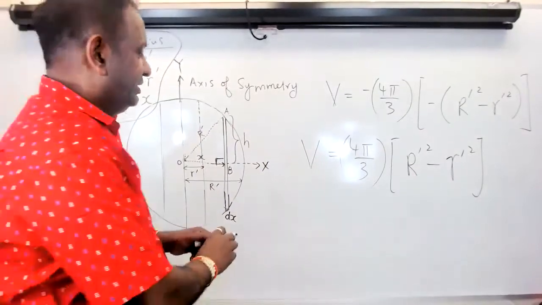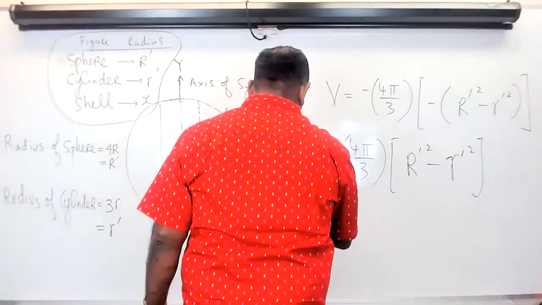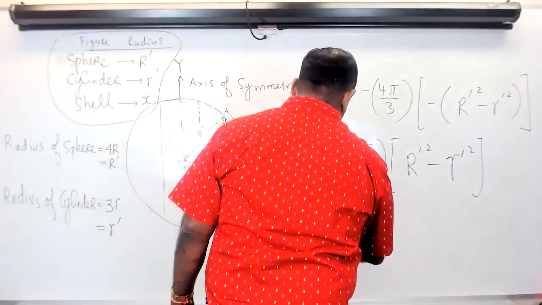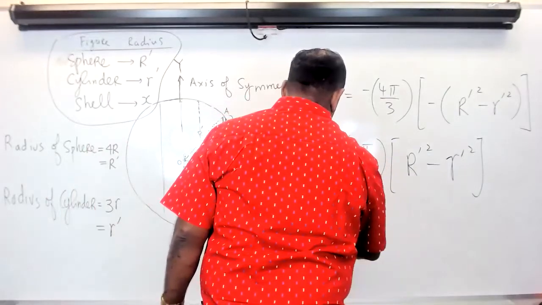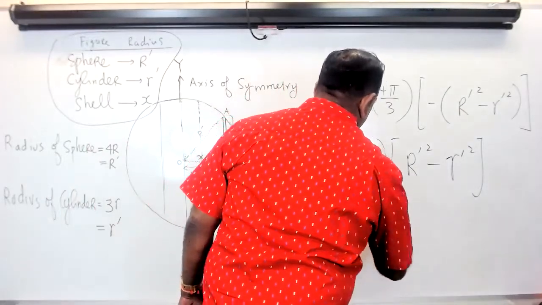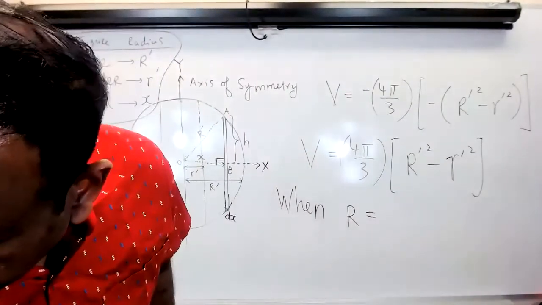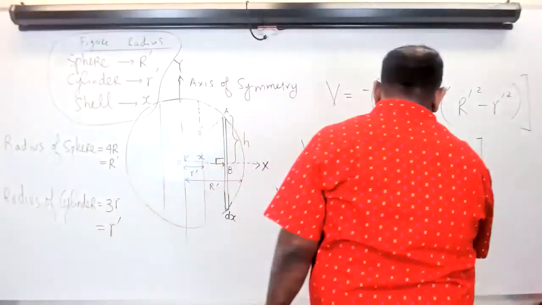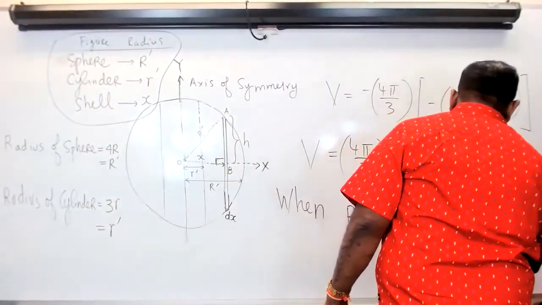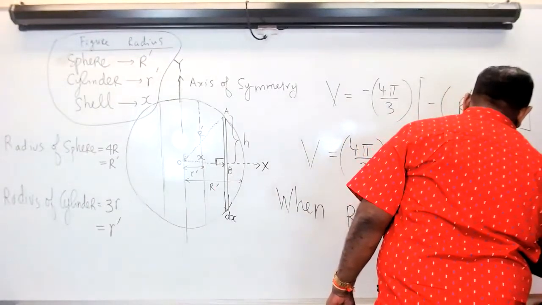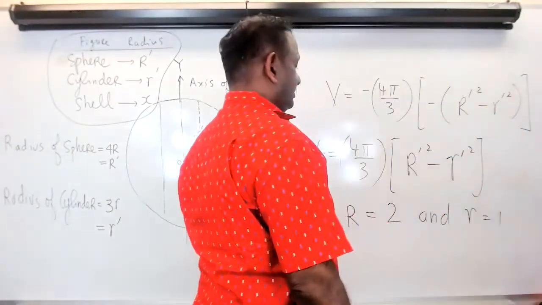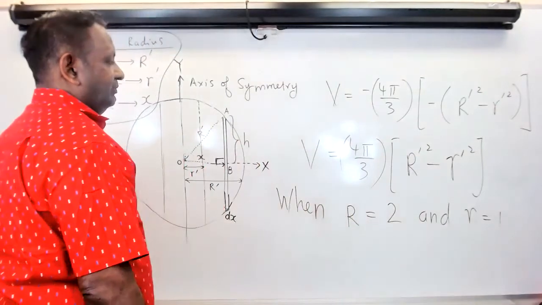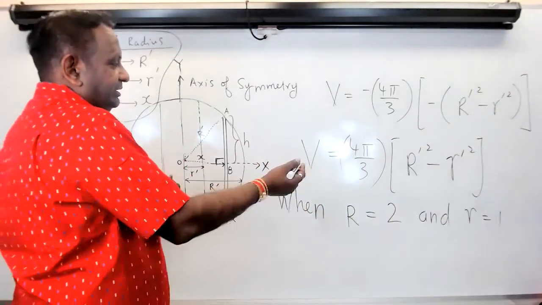Now they have given when capital R is how much? They say when capital R is 2 and small r is 1, find the volume. Okay, then we'll set up.